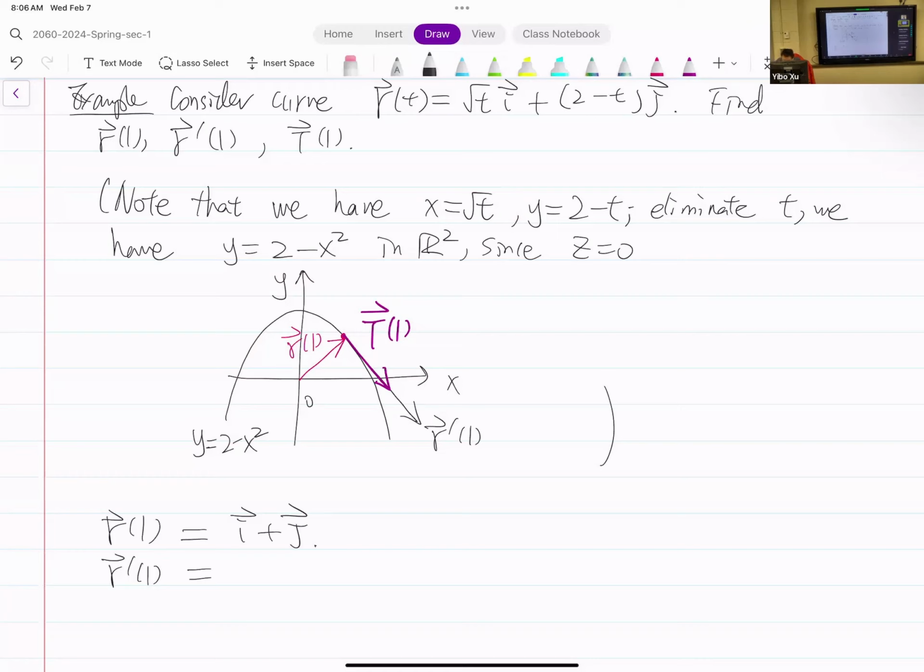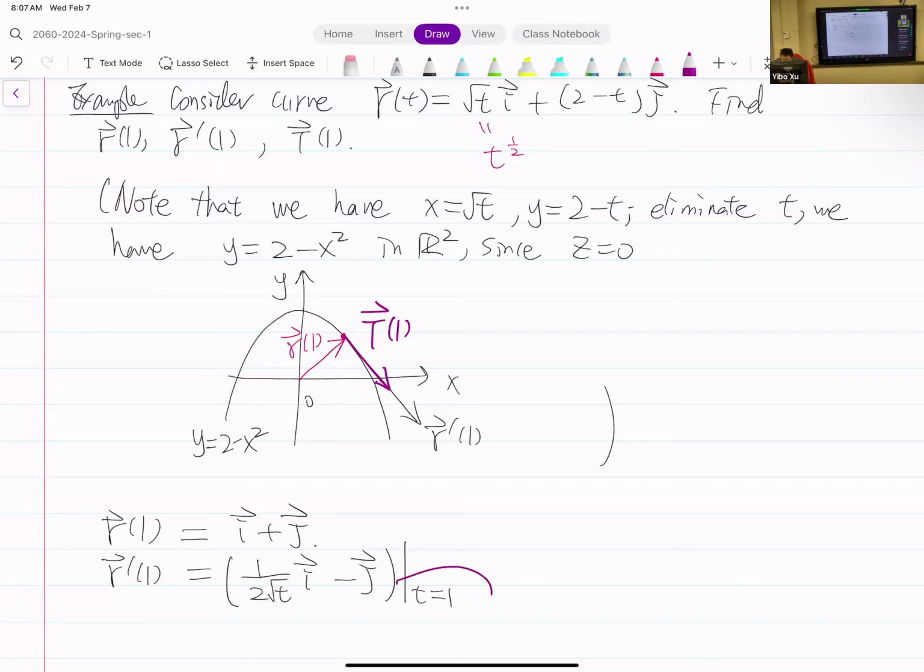Square root t, written in other words, is t to the 1/2, and using the power rule, the derivative for the x portion is 1/2 t to the negative 1/2, exactly this, okay? i, and now 2 minus t has a derivative of -1, so minus 1 in front of j. And then we evaluate at t equals 1.